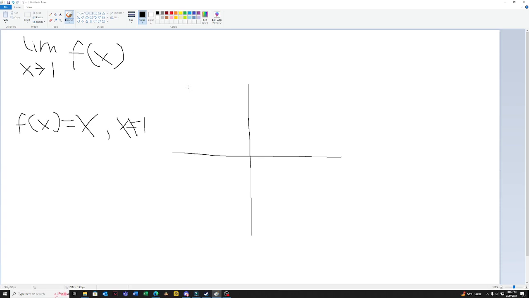Now this might be a little tricky, but let's treat this like everything else. x doesn't equal 1. So we can just put a circle here to represent an undefined value, and then we keep going with the normal x graph.